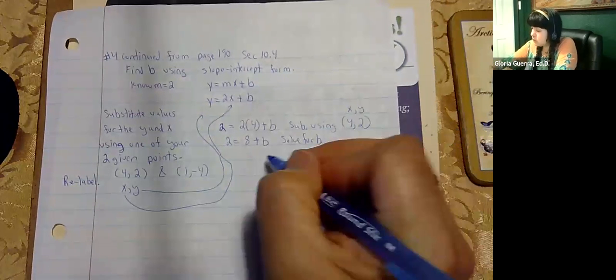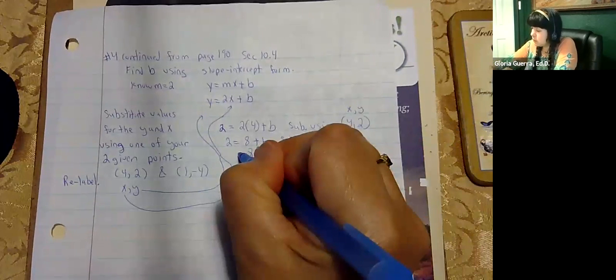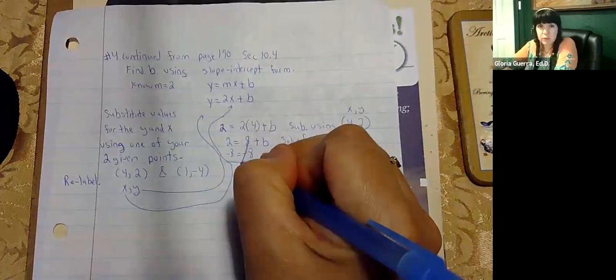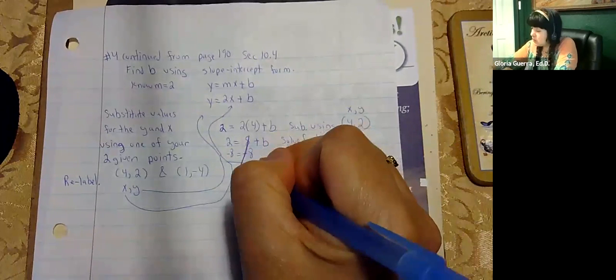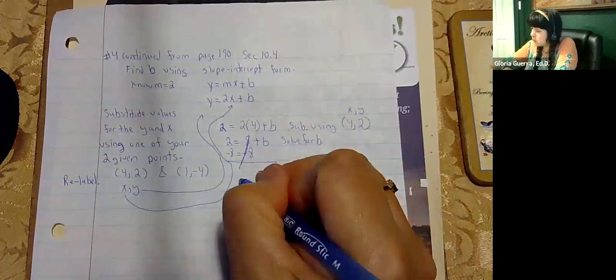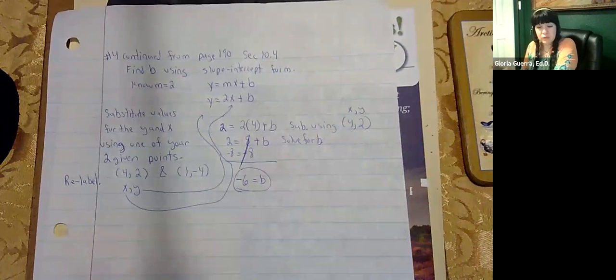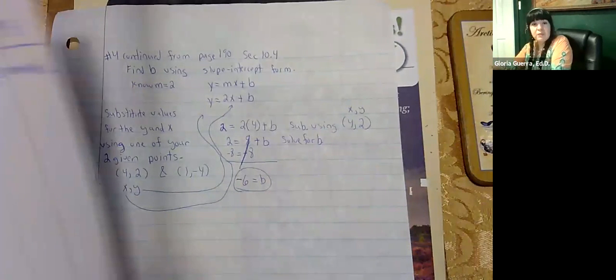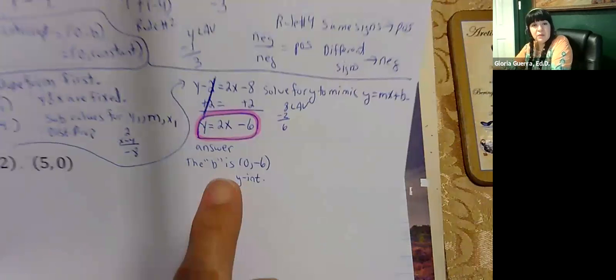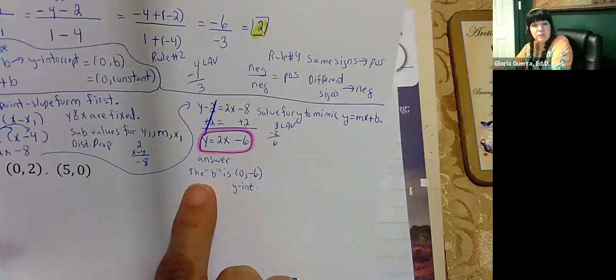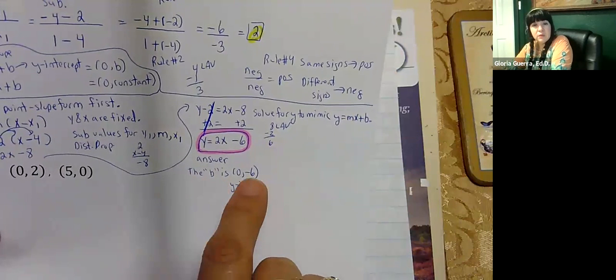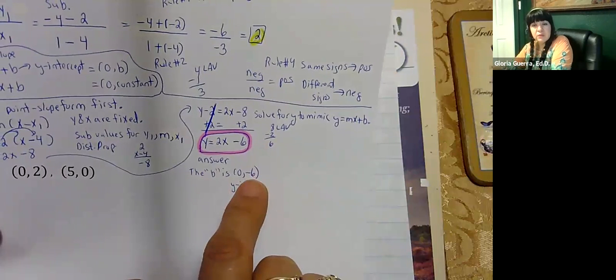You're going to subtract 8. And then the 8's fall out. So 2 minus 8 is -6. See? -6. Doesn't that sound familiar? Didn't we say the B is 0, -6, right? 0, -6. So there's your -6. Okay.